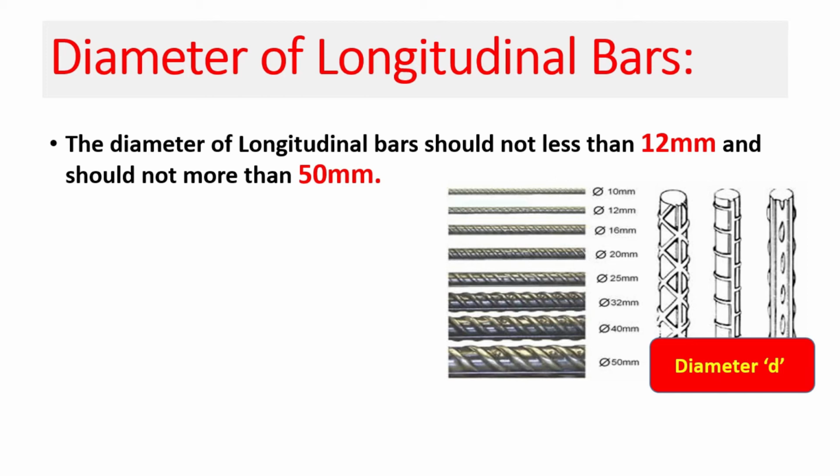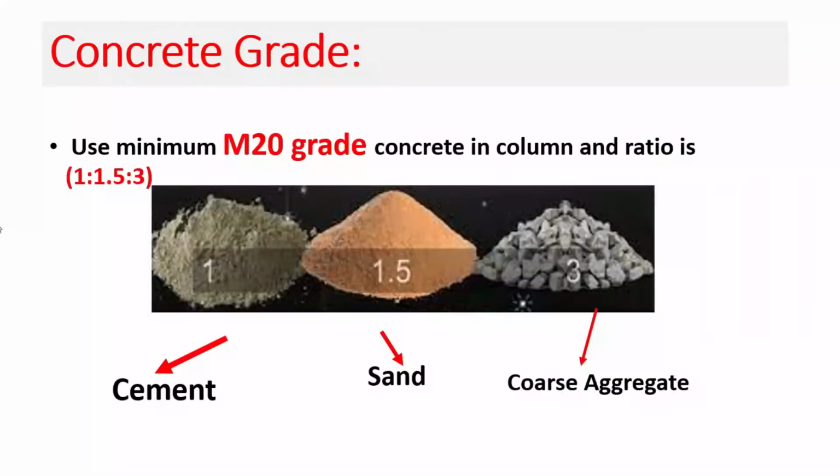And you should not add too much steel because it can create congestion in the column during concrete pouring. So the maximum size of the steel should be 50 millimeter. You can see the different diameters of bars mentioned here in this figure, and apart from that, you can also find them in the market.